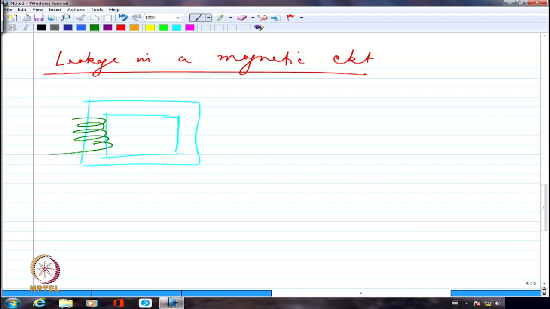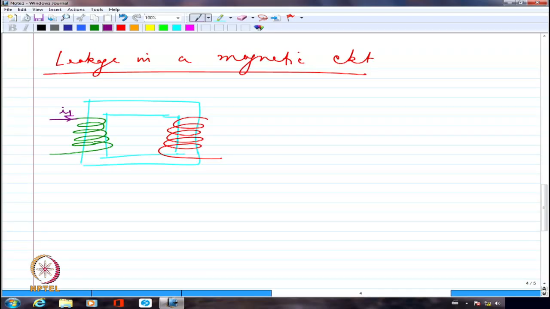This is my primary, and this is going to be the secondary. Okay? So let us say I am pumping in a current here. Let me call that I1 because it is essentially the primary current. I am going to call that the primary winding, so I am calling that I1.